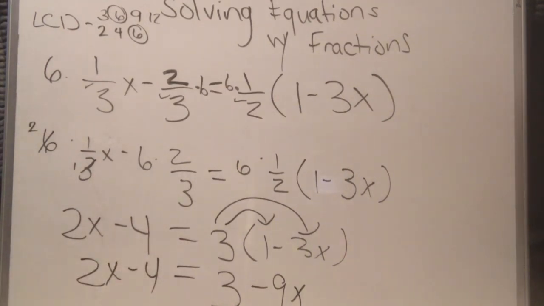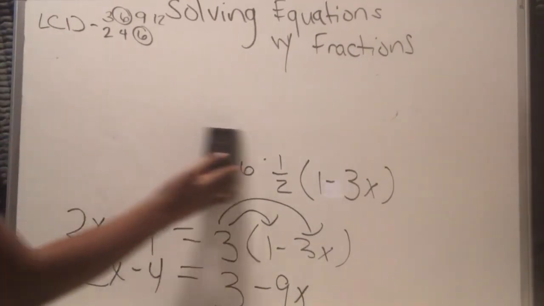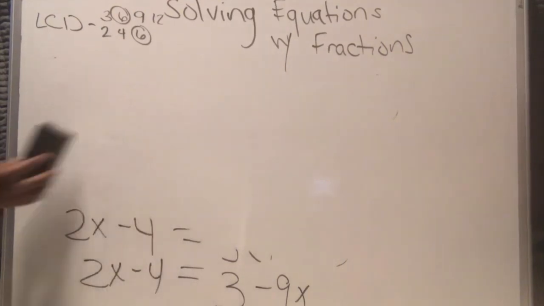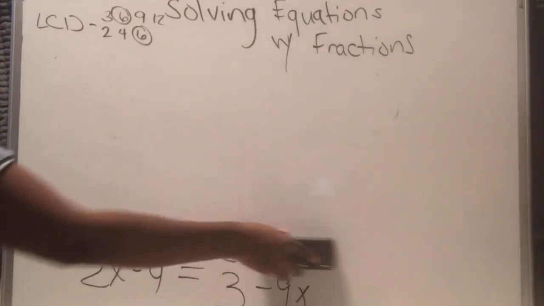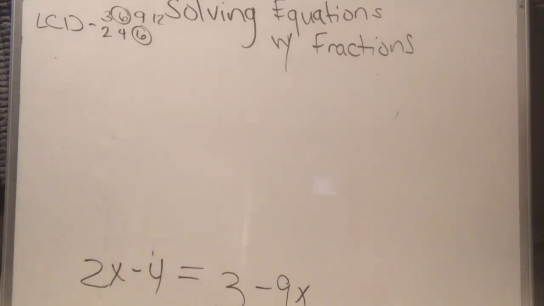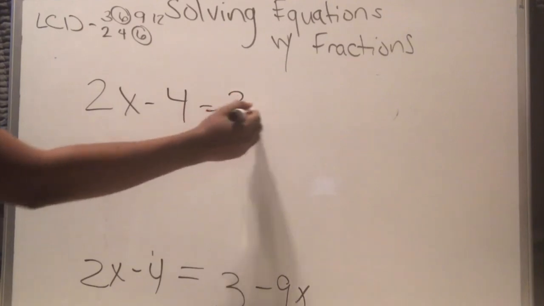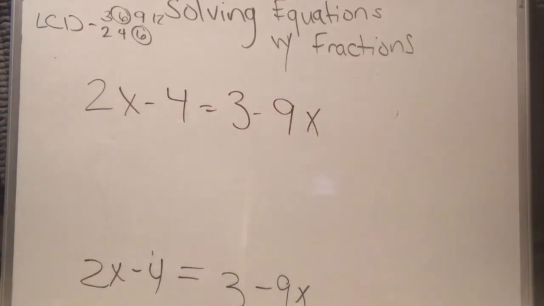We just bring that down. Alright, so we have 2x minus 4 equals 3 minus 9x. I am going to erase what's up here and right here. And you can pause it so you can make sure you have everything written down. So now we have 2x minus 4 equals 3 minus 9x, and we solve.